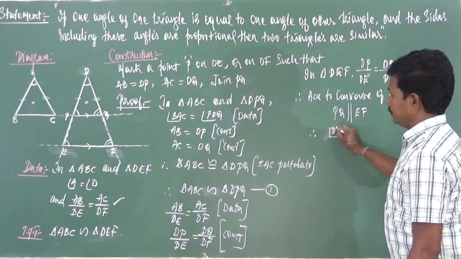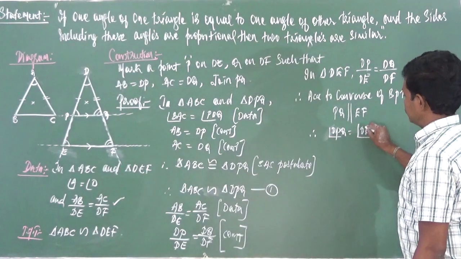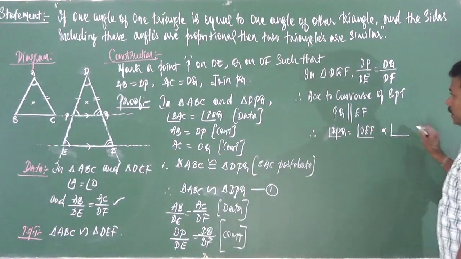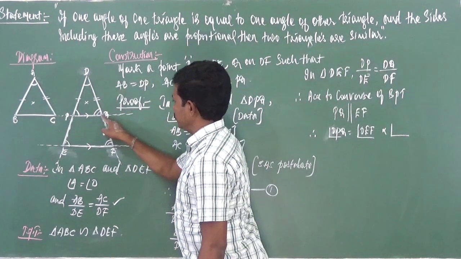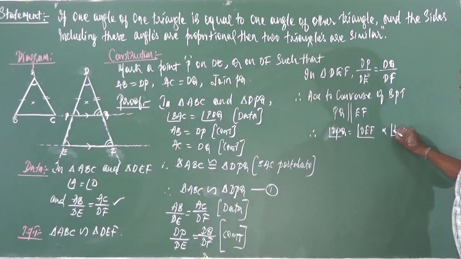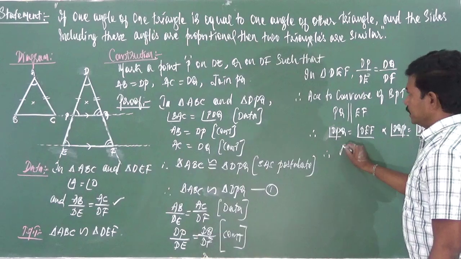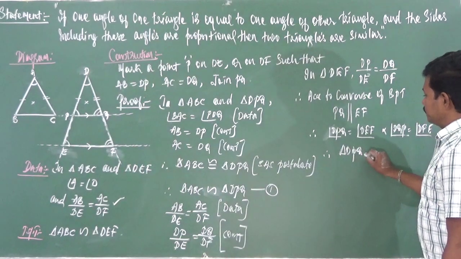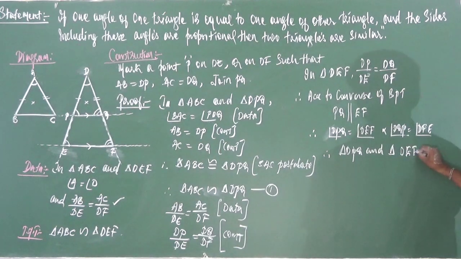Angle DPQ is equal to angle DEF and angle DQP is equal to angle DFE. So therefore, triangle DPQ and triangle DEF are equiangular.